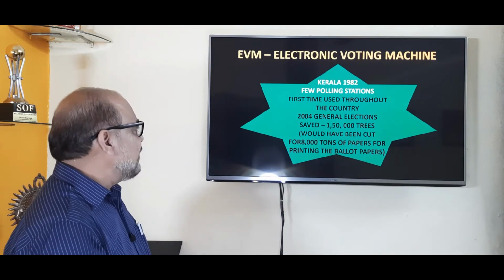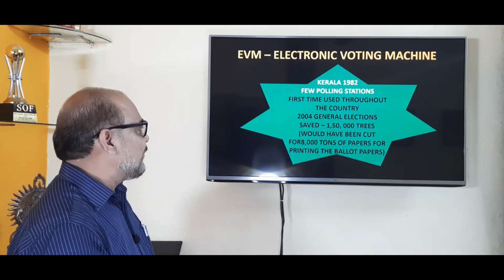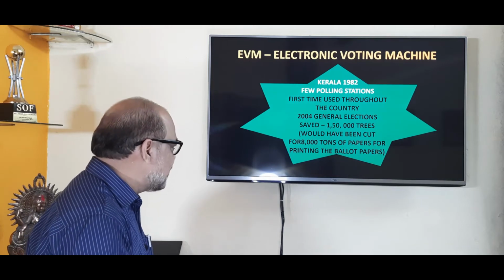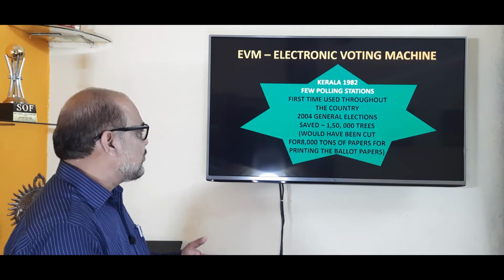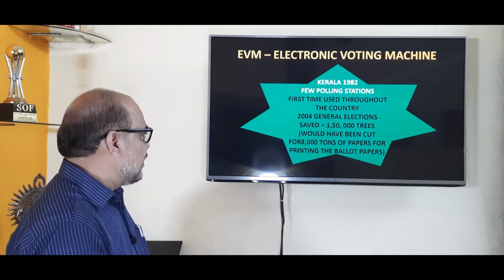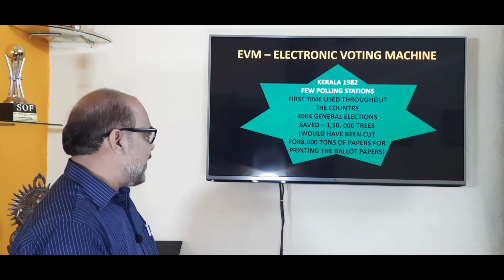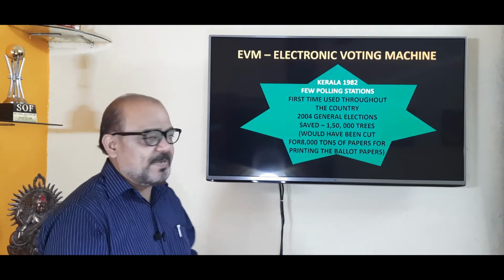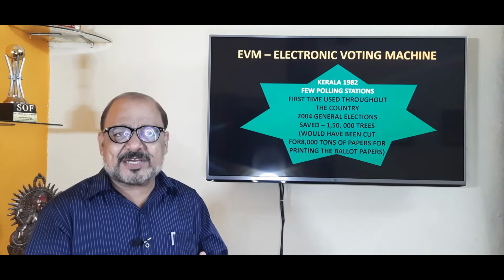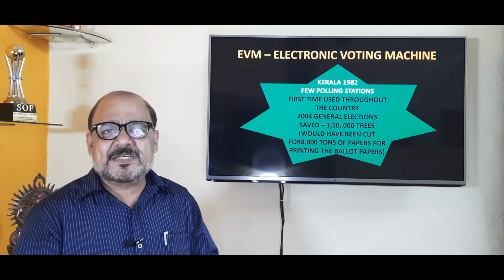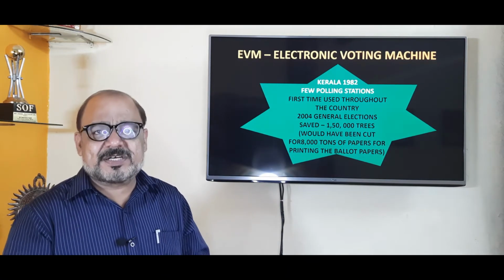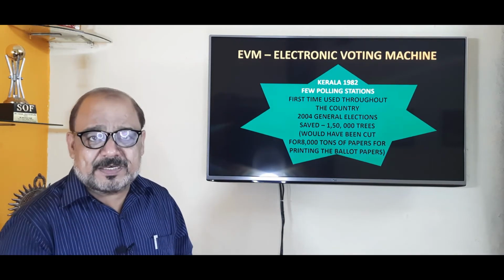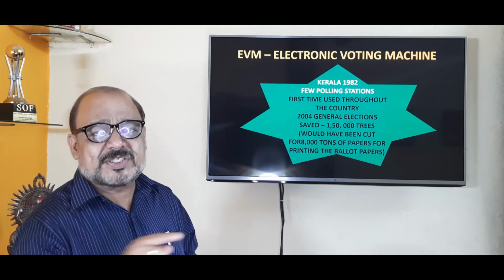The use of EVMs saved 1,50,000 trees. I mean, these many trees would have been cut for 8,000 tons of paper for printing the ballot papers. That is the marvelous advantage of the use of the EVMs, the electronic voting machines.